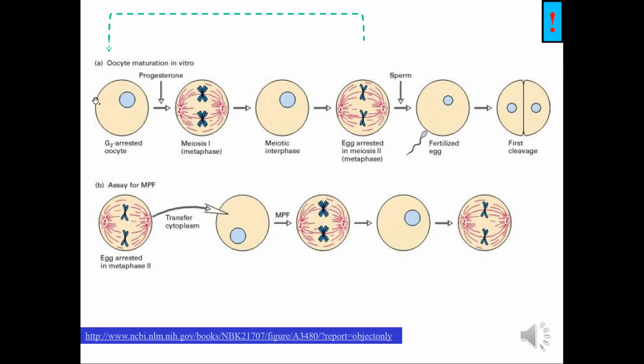So, for example, in vitro, which means in the lab, they added some progesterone to the cells arrested at G2 stage, and when they added the progesterone, the cells continued and they grew. And in another assay, they added MPF, which I think is maturation promoting factor. It's another growth factor, and adding it also caused growth and progression to the next stages of the cell cycle, and they studied it.